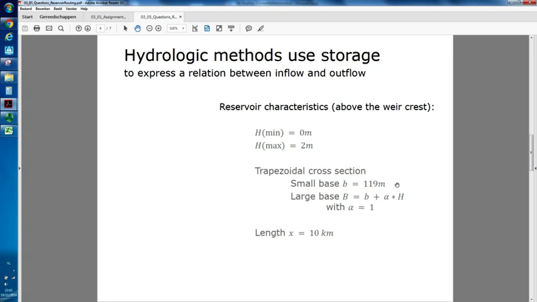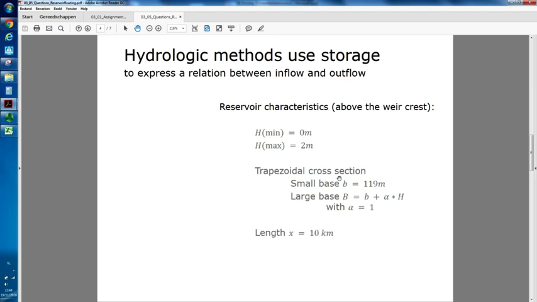And it increases all the way up to where H is maximum, so the water level above the weir crest is 2 meters, and there you have the large base B, which is equal to 119 plus factor 1 multiplied with 2, so 121. So our reservoir above the weir crest goes from 119 to 121 meters. The length of the reservoir is 10 kilometers.